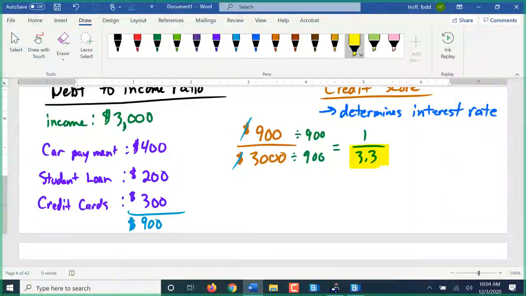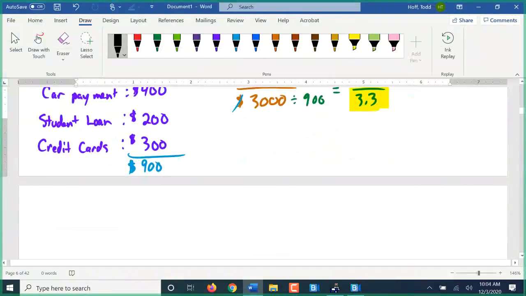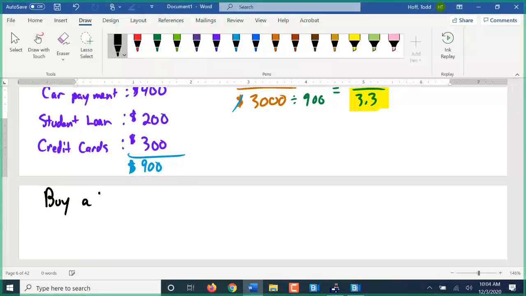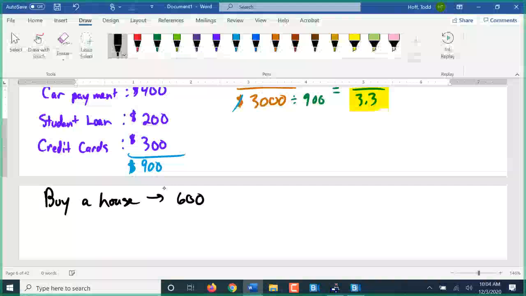But let's say you want to buy a house. And the house that you are proposing to buy would result in a payment of $600 per month. Actually, let's be a little more realistic. Let's do $300 per month.